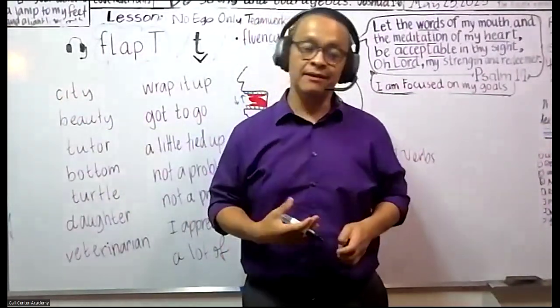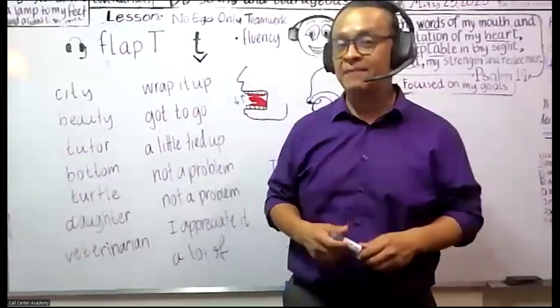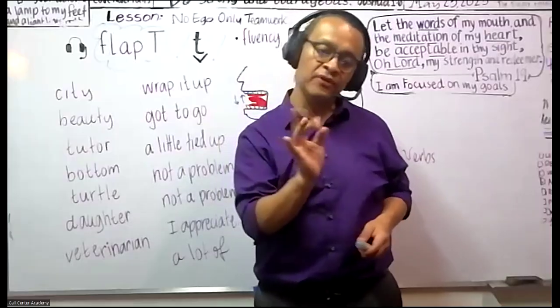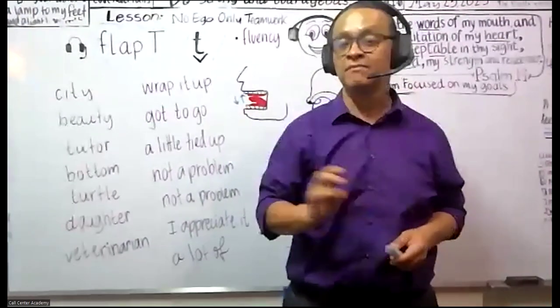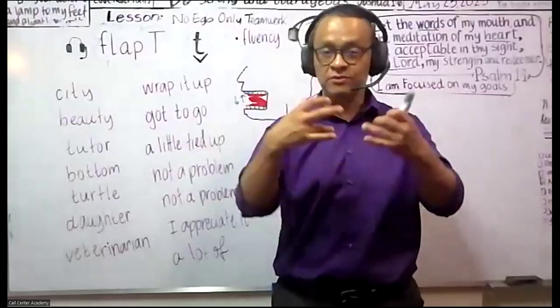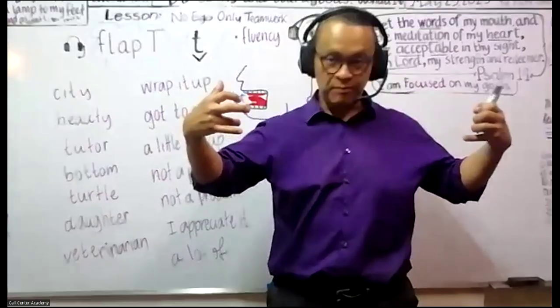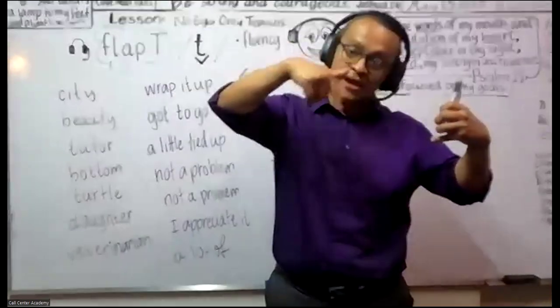So tonight, I'm going to share with you more tips on the flap T. And our focus is going to be on mastering those tricky phrasal verbs in English. We're going to talk about transitive phrasal verbs, which are phrasal verbs in which you can separate the verb and the particle part and put an object pronoun in between.